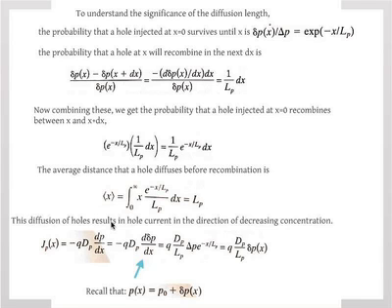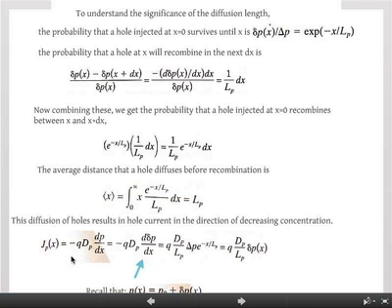Of course, this diffusion of holes results in hole current in the direction of decreasing concentration, which we know, we just calculated it. You can write that again as Jp of x is minus q Dp times the concentration gradient of the holes. Okay? And you can express this in terms of excess carriers. Now, we know that p of x is p naught plus delta p, right?